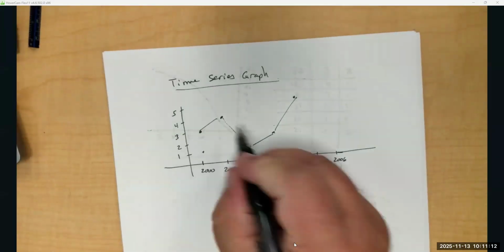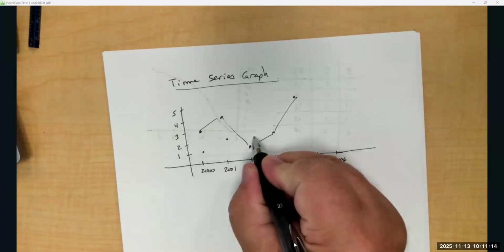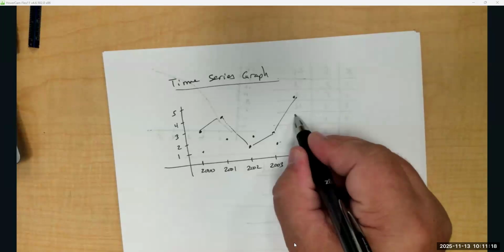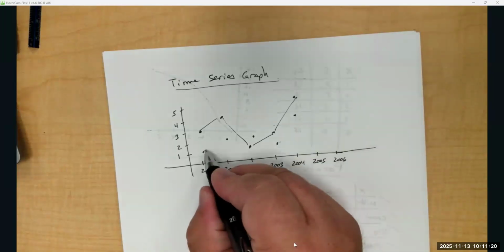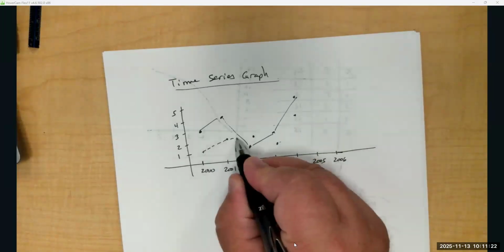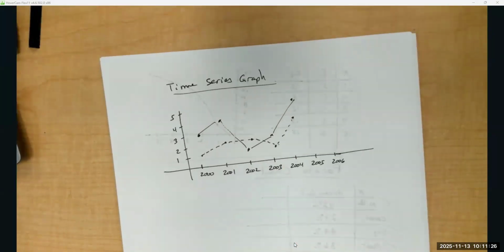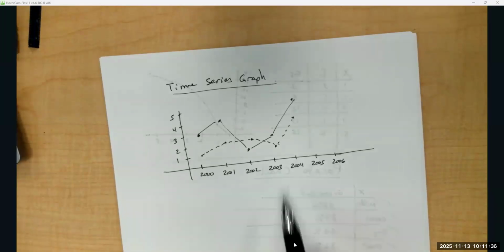You can have what's called a comparison time series, where you can compare two different things, two different people. A perfect example people do is over time, it could be in months. What is my budget?